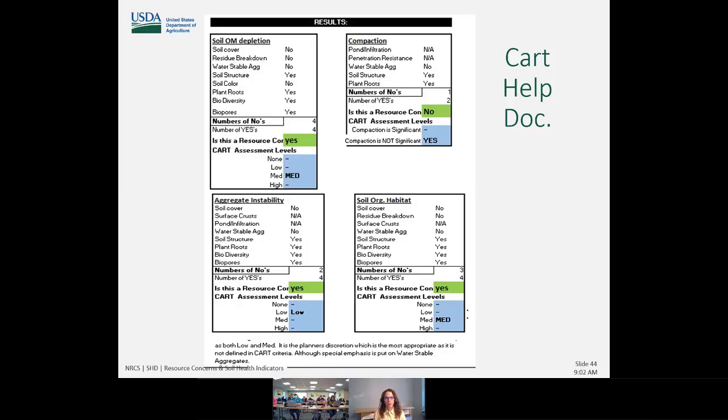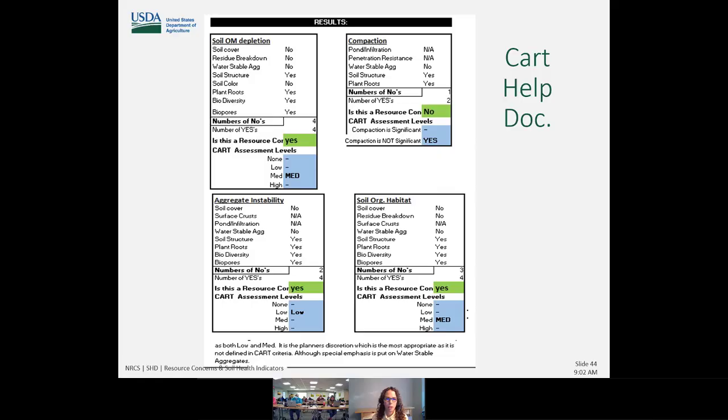So here are the results for a couple of examples in determining the 4 different soil health resource concerns. For example, at the top, you have the soil organic matter depletion, and have selected that the soil structure, plant roots, biodiversity, and biopores are meeting the criteria.